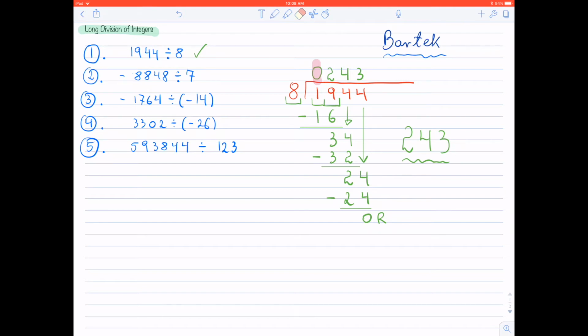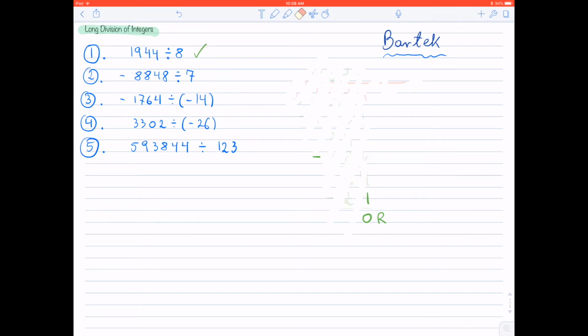Let me just erase this for us so we can start fresh. Now we have negative 8,848 divided by 7. Because we have a negative and we're dividing by a positive, the answer will be negative here, and we're going to have to keep that in mind at the end.